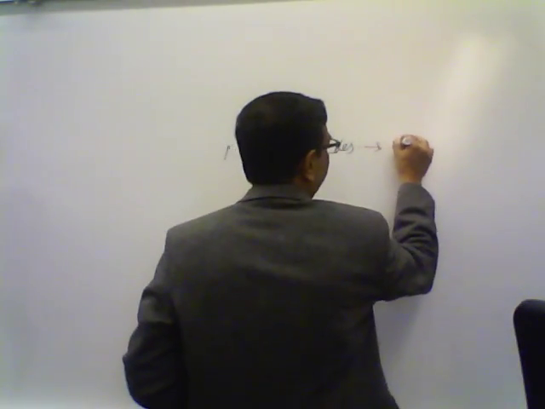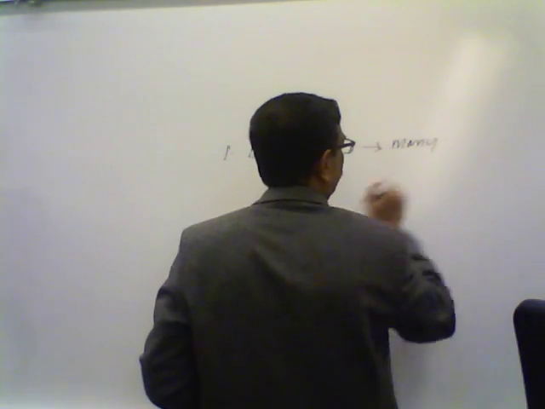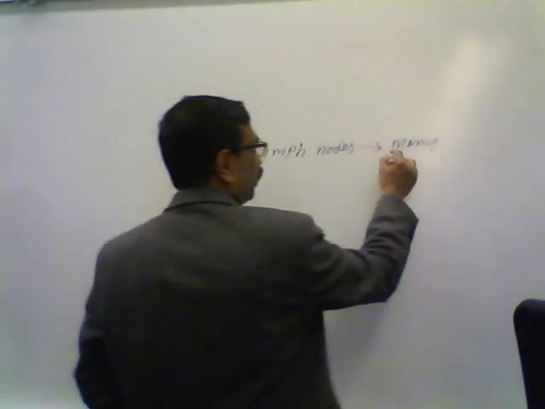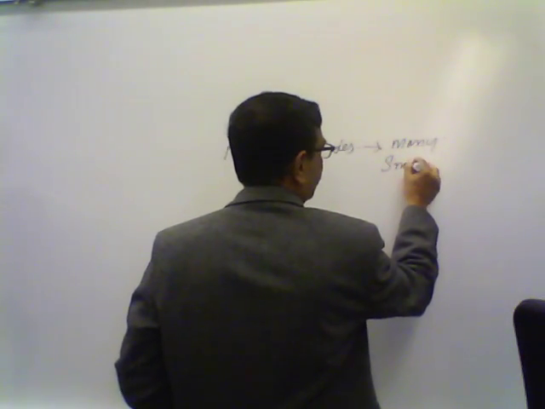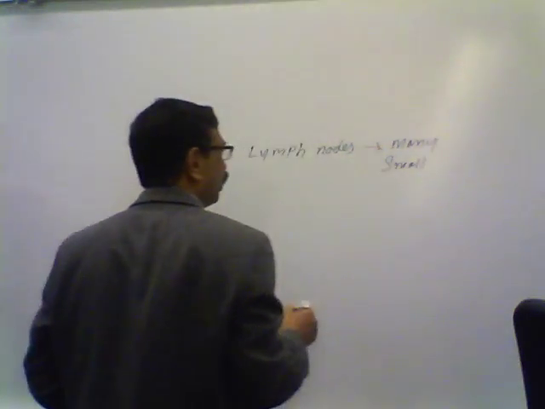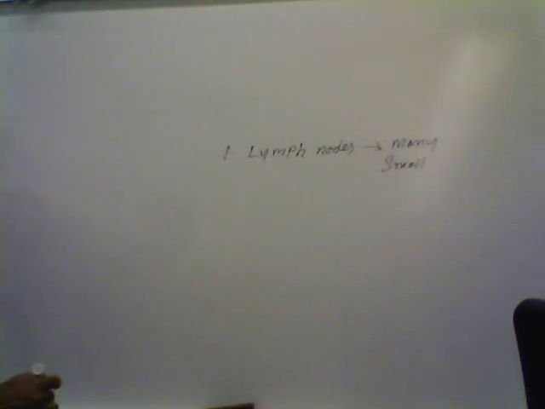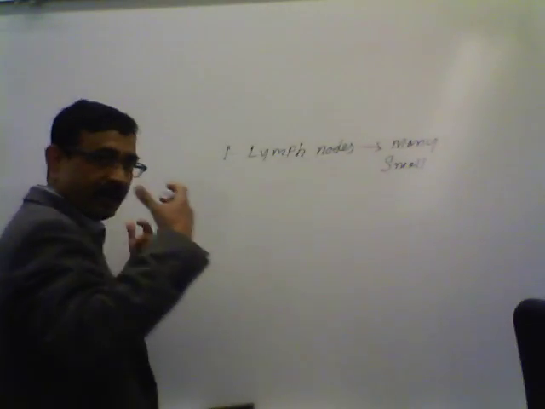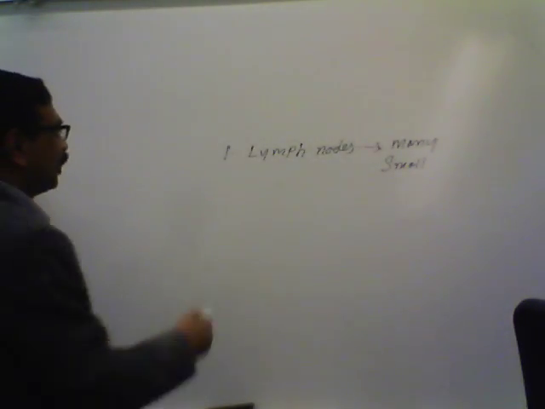We have many throughout the body, okay, and lymph nodes are small round structures, small round lymphatic structures distributed throughout the lymphatic system.